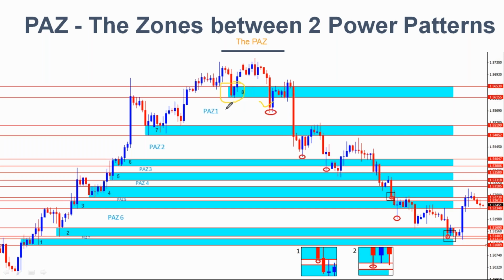Once that FTR is broken, the price came into PAZ, price action zone. PAZ1 is the zone between the topmost FTR and the next subsequent FTR. When price comes into that, look for an opposite trade and expect that all your future FTRs would be killed. All your FTRs would be demolished.